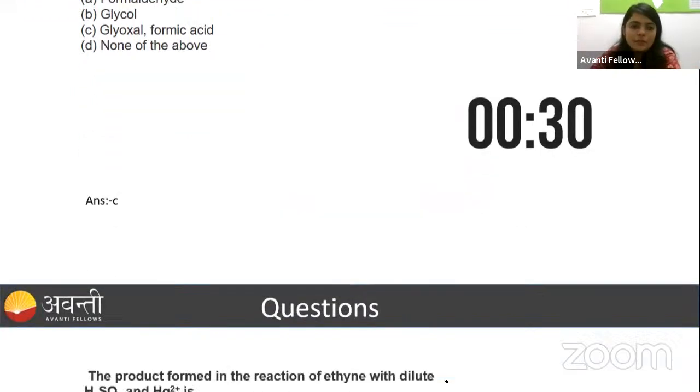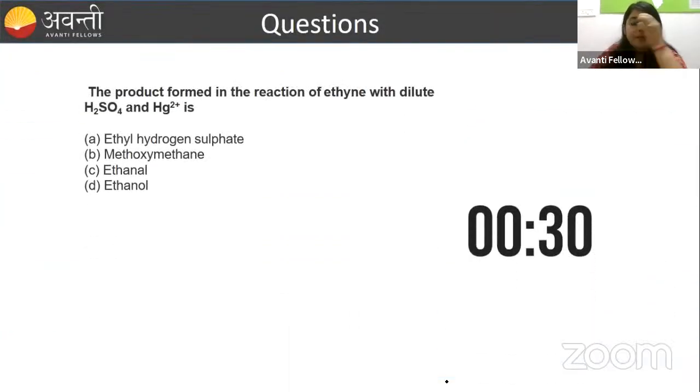Okay. So next question is: the product formed in the reaction of ethyne with dilute H2SO4 and Hg2+. So Hg2+ and dilute H2SO4 are there, and your ethyne. Ethyne means CH triple bond CH. Now you have to do the reaction. What will you get?